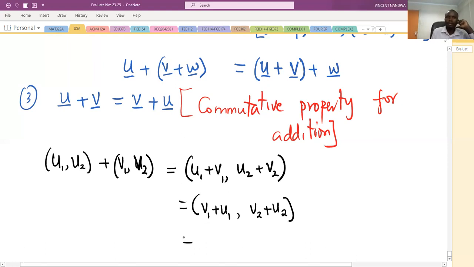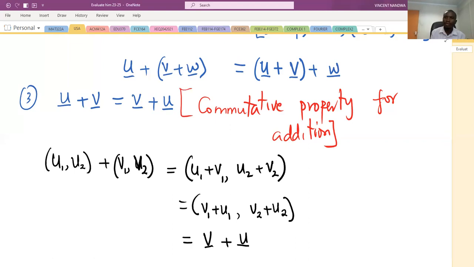You see, this is the result obtained by saying vector V plus vector U. So therefore, U plus V is equal to V plus U. This is commutativity.